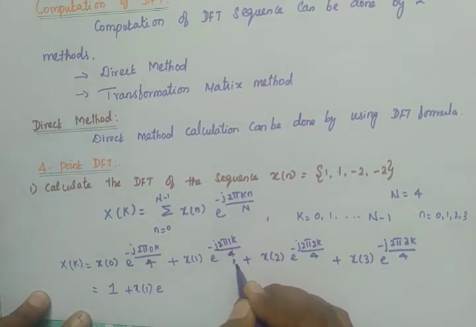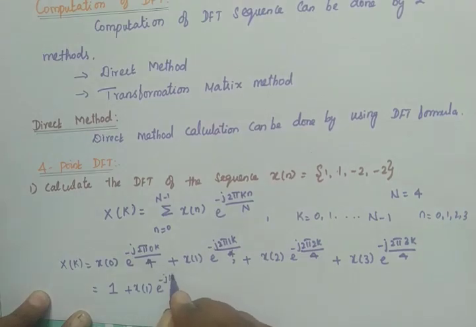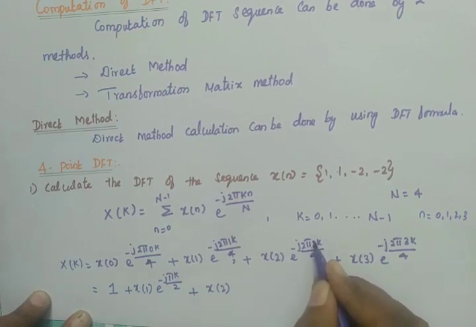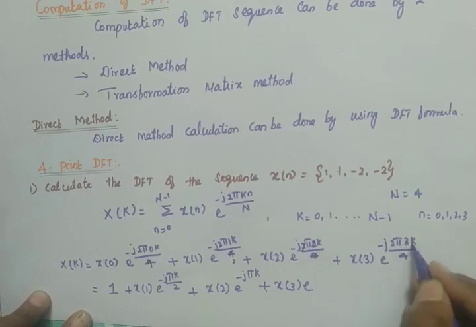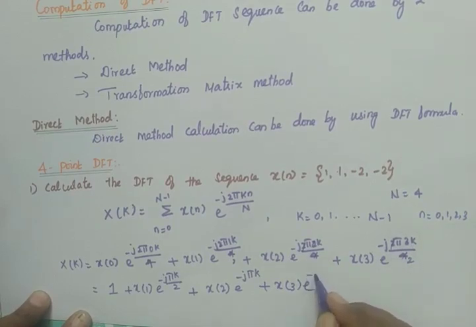We can strike this so that we will get minus j pi k by 2 plus x of 2 into, here we have 4. So this 4 will get cancelled. E power minus j pi k plus x of 3 into e power, 2 3s are 6. So we will have 3 by 2. E power minus j 3 pi k by 2. This is your X of k.